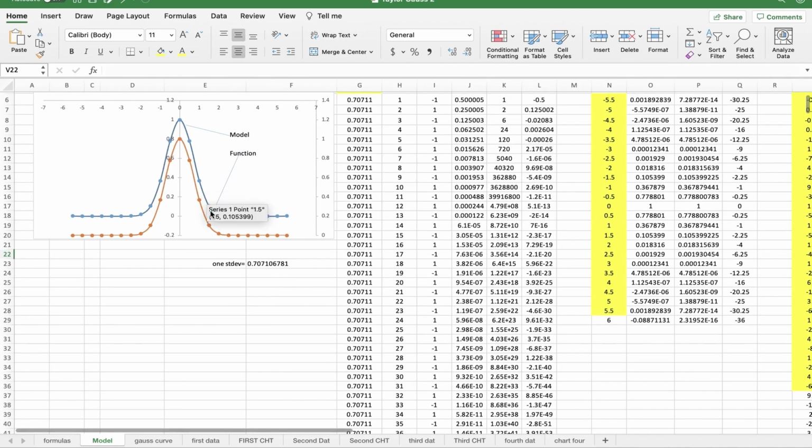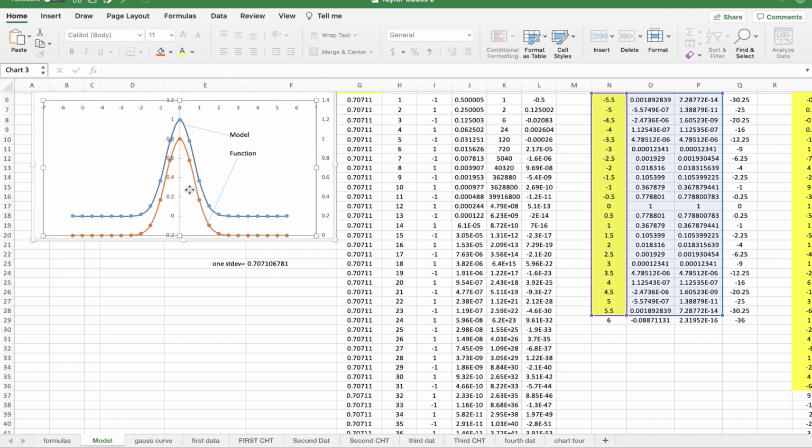Well, that would be on the curve somewhere. Okay, I put the x-axis up here to make it easier to see. So 0.5 would be somewhere here, so that would be the area under the curve between here and 1.5 and there.